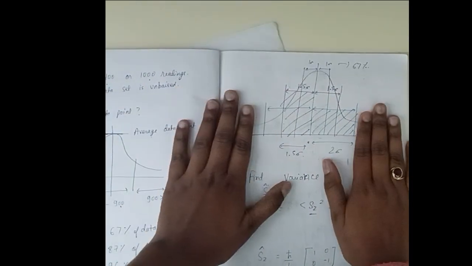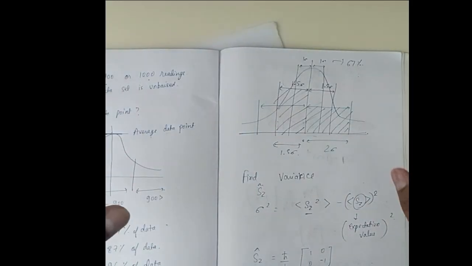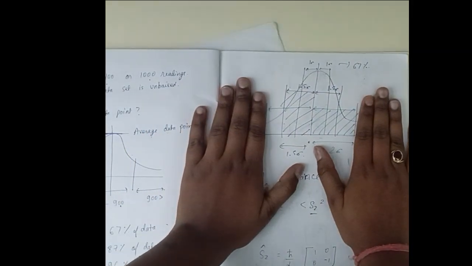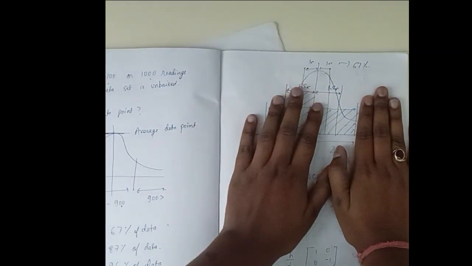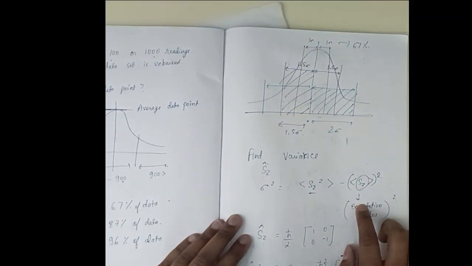Now the last, 2 sigma, covers very many data sets, from here to here. You can see the colored shaded region, that is 2 sigma.